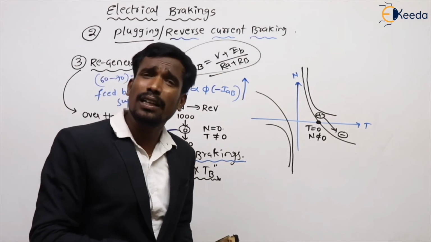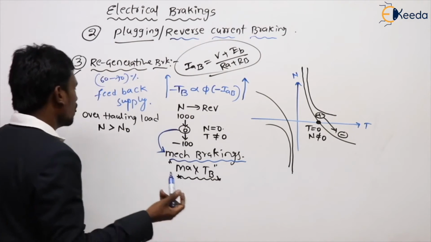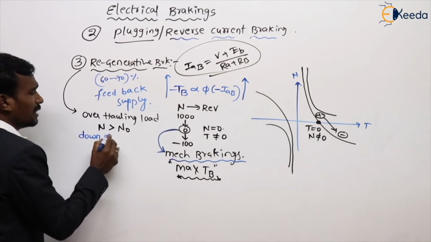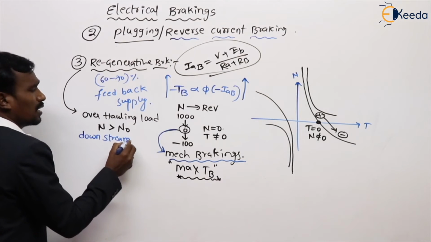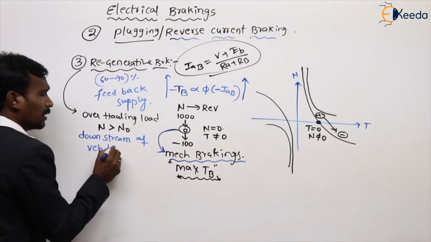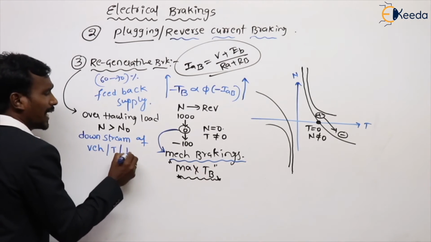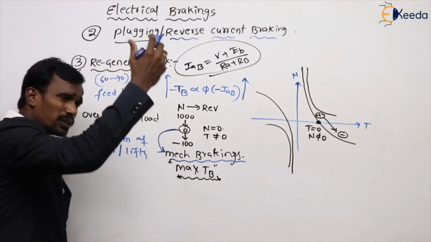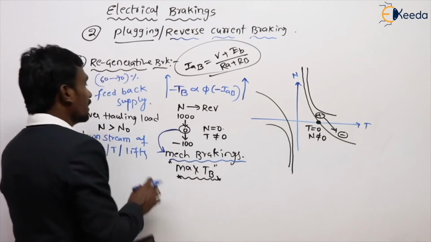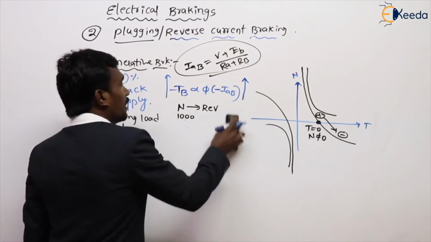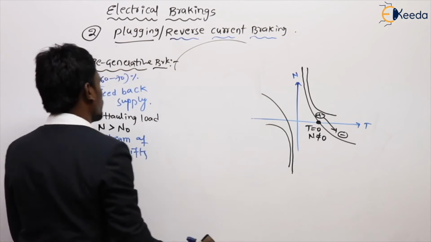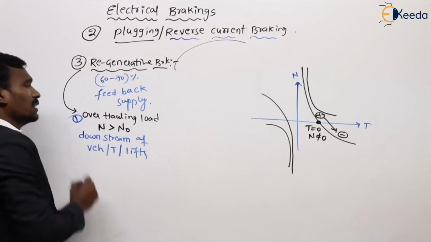That is overhauling load. Sir, when is it possible? Generally in downstream of vehicles, trains and lifts. Downstream of lifts, the speed is maximum, yes or no? At that condition only we can apply regenerative braking. Otherwise we cannot apply regenerative braking. This is the first condition.